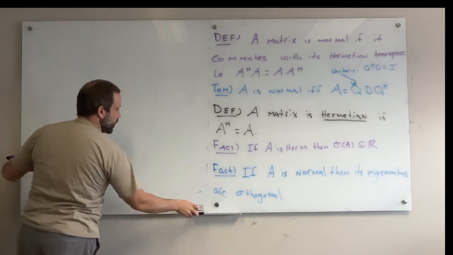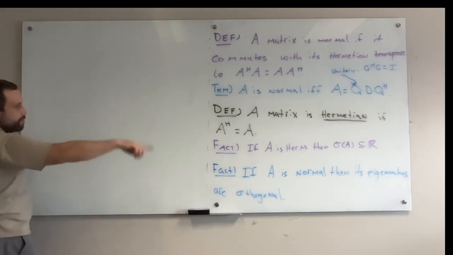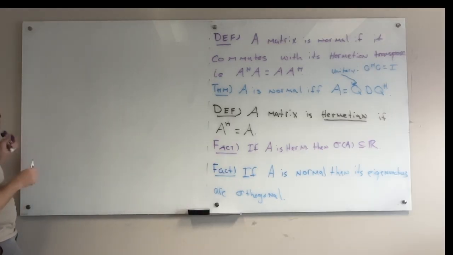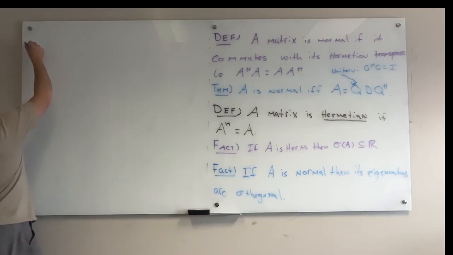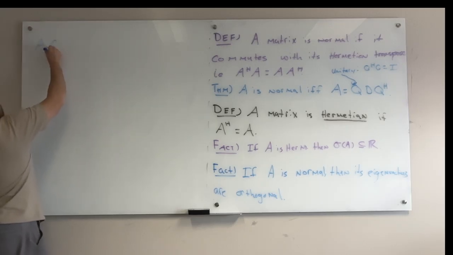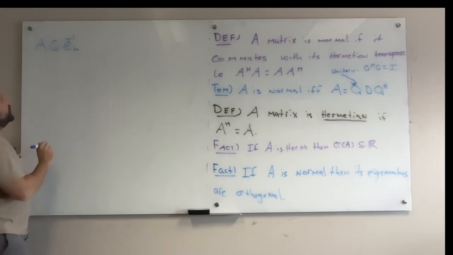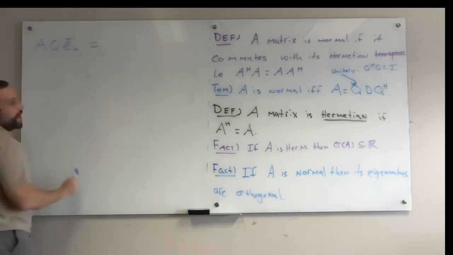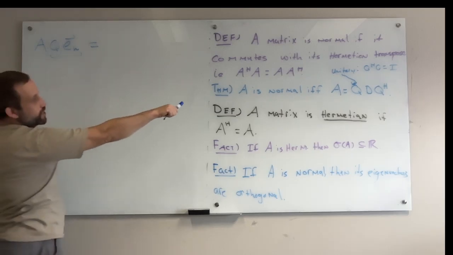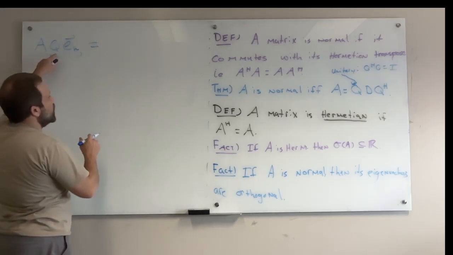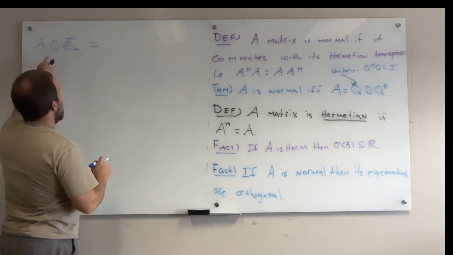Okay, so sorry, I'm going to have to go from right to left and bottom to top, maybe not the most ideal way to do things, but that's what we're doing. So what are the eigenvectors of A? My claim is that the eigenvectors are going to be Q e_k. Remember that e_k is a kth standard basis vector. Now, if A is normal, it's unitarily diagonalizable, so the Q here is the Q from the unitary diagonalization.